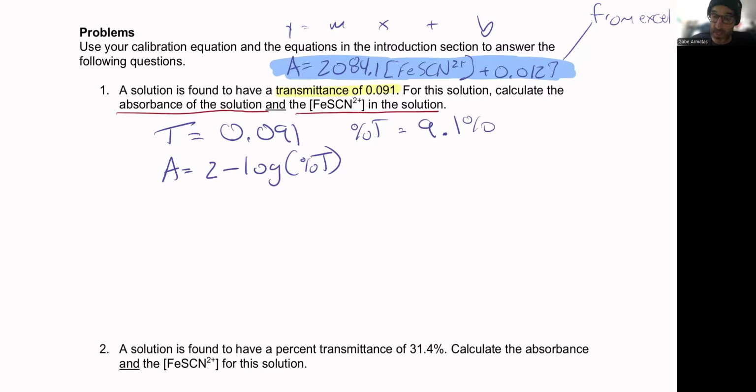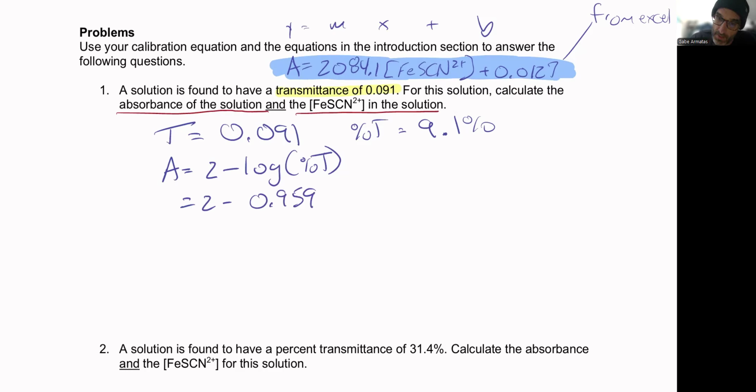I'm kind of doing this real time because I usually do them ahead of time, but I didn't notice that was percent transmittance until now. So 2 minus the log of 9.1, I usually do this in Excel, by the way. I'm going to take the log of that. Boom. There we go. So 2 minus 0.959.